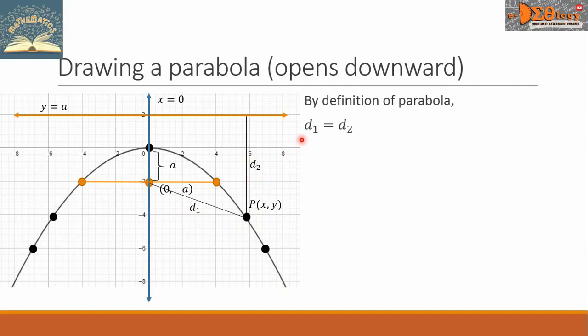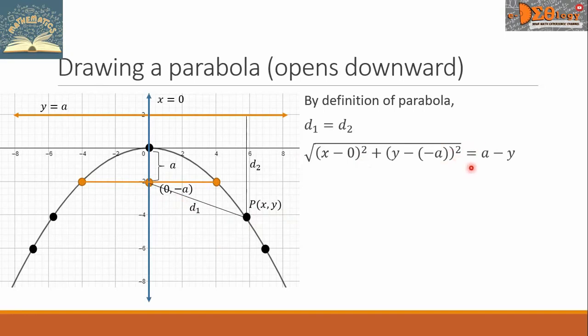Take note that d sub 1 is the distance between 2 points. So we will use the formula for distance between 2 points. So we have now the big square root of x minus 0, squared, plus y minus negative a, which is also squared.